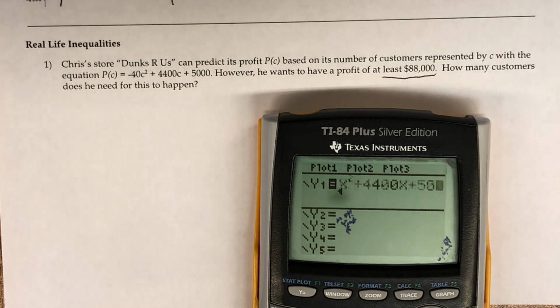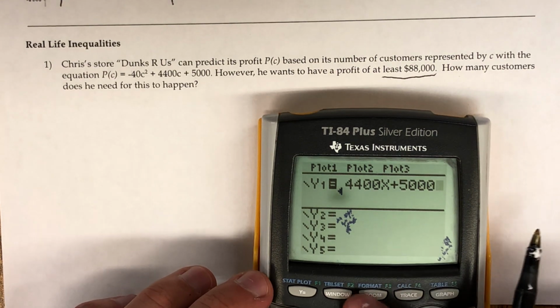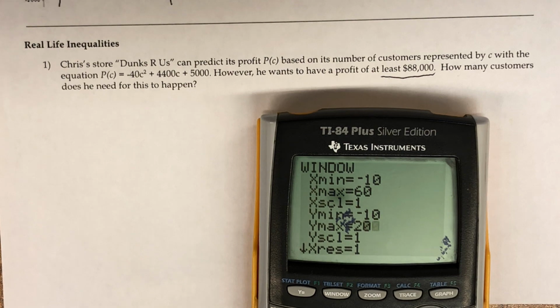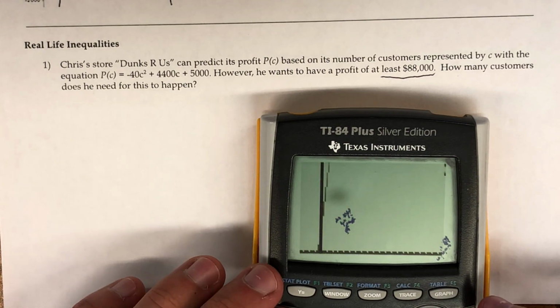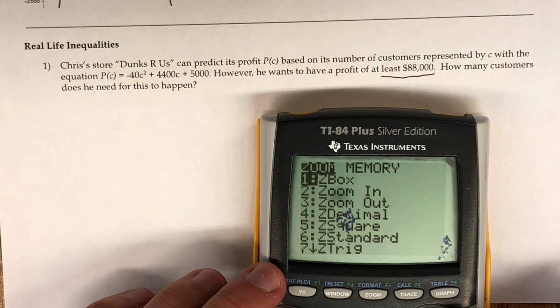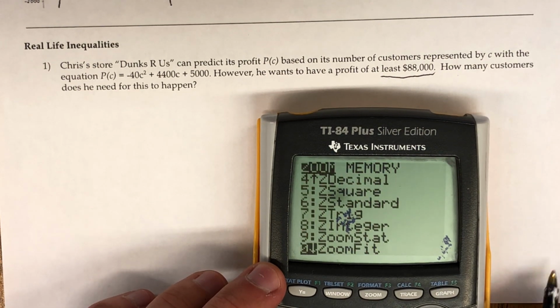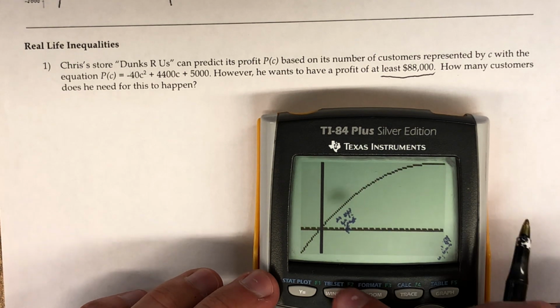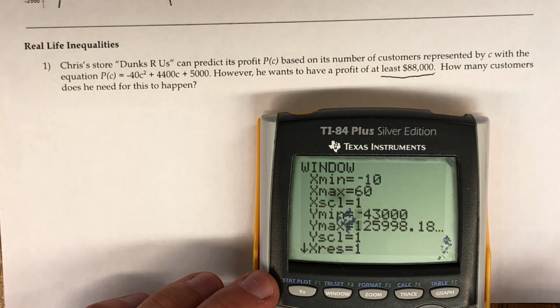X plus 5, 1, 2, 3. Window. Increase that window. Sorry for the delay here. Oh, that's not too bad. I want to increase our Y value though.